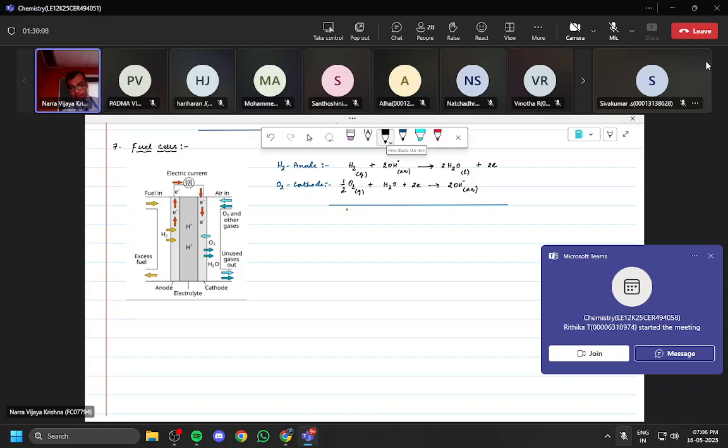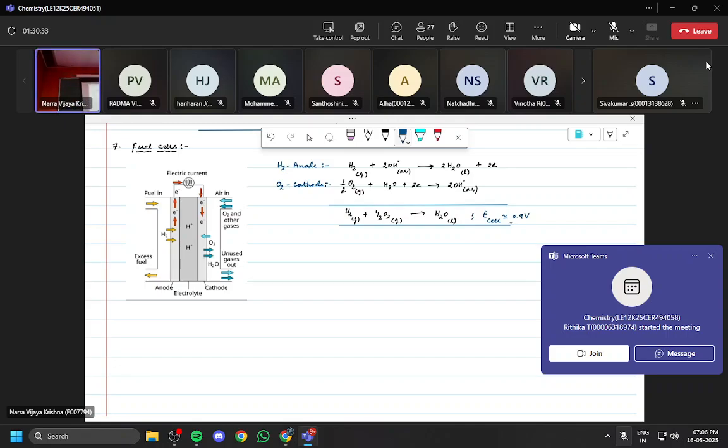So what is the overall reaction? H2 gas plus half O2 gas gives rise to H2O. And what is the voltage output of this cell? Approximately 0.9 volts. So this cell has some benefits.